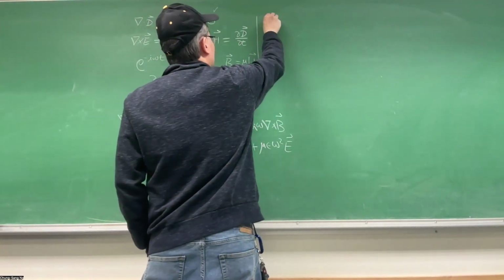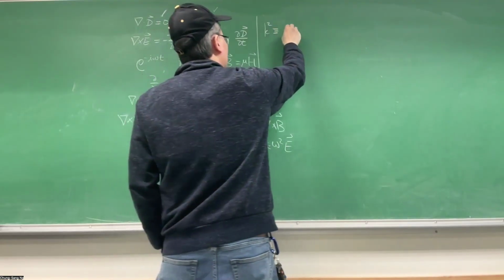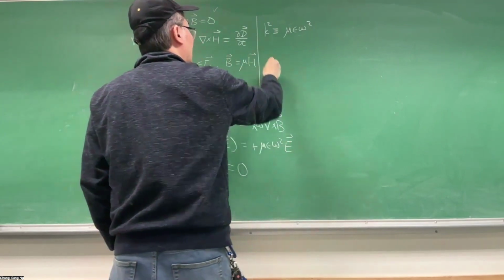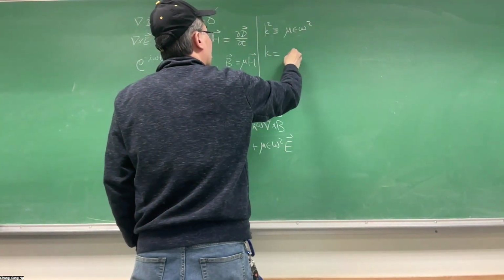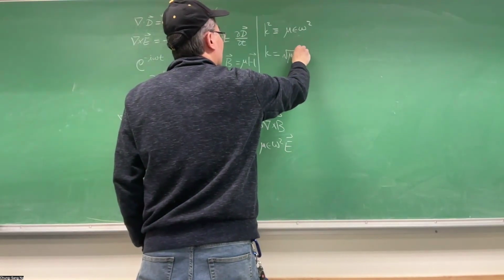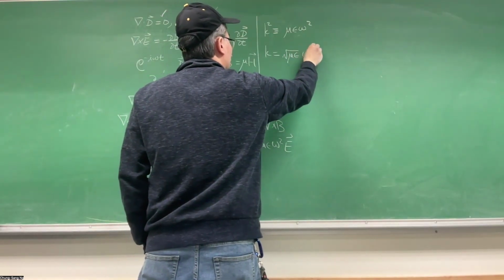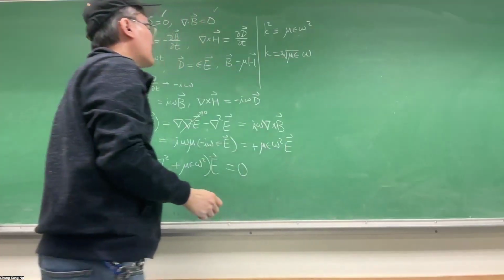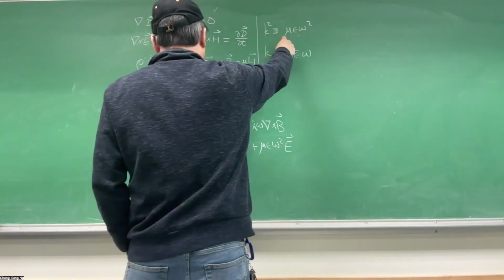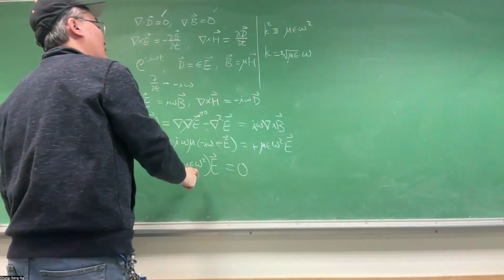So k squared is defined as mu epsilon omega squared. So k will be the square root of mu epsilon omega with a plus or minus sign. It can be plus or minus because this is defined as a squared quantity.